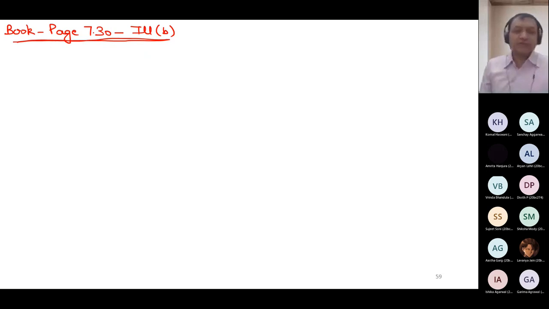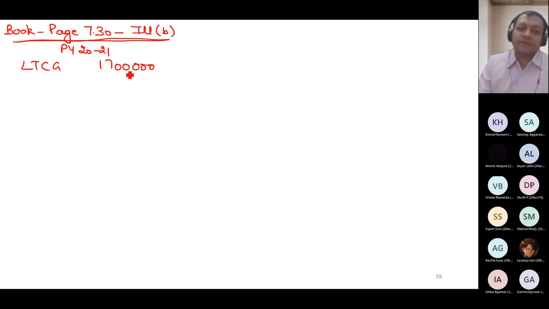Do you remember what the above illustration was? Previous year 2021 is going on. Long term gain was 17 lakh. And the sale date was what? Do you remember the sale date? It was 10 December 2020.